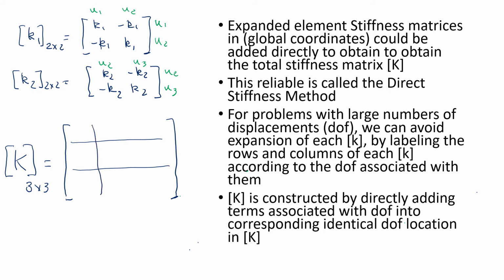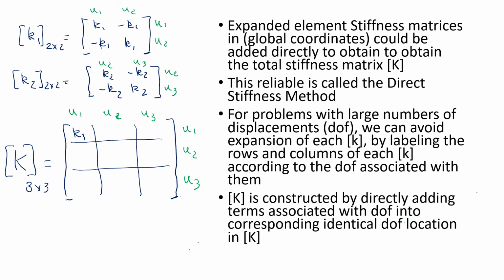So I'm preparing here for my matrix, and I'm going to label my degrees of freedom corresponding to column 1, column 2, and column 3, and row 1, row 2, and row 3. For row 1, column 1, I see a contribution only coming from element 1, and this is going to be K1.